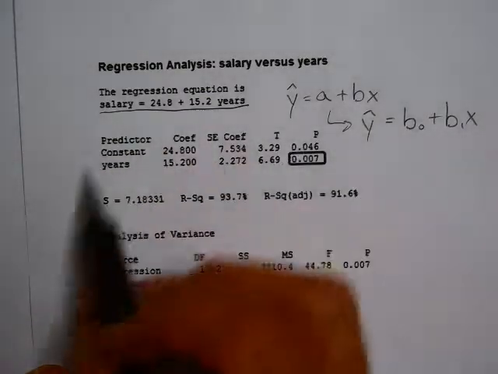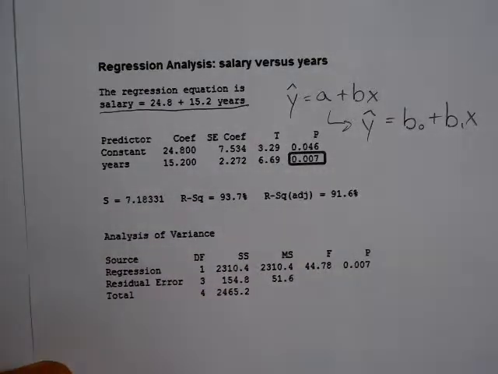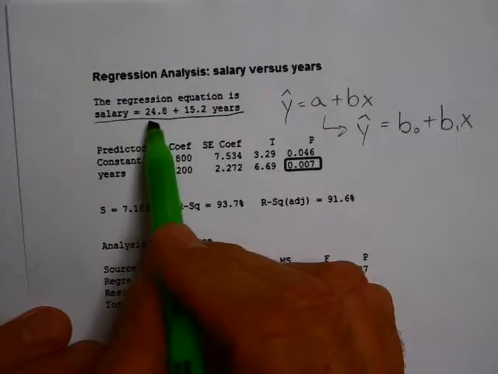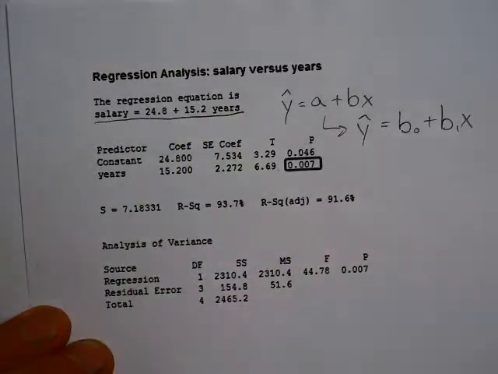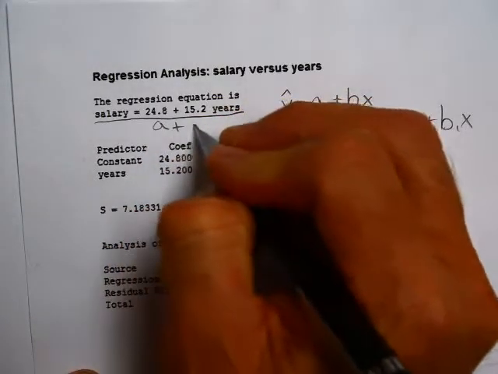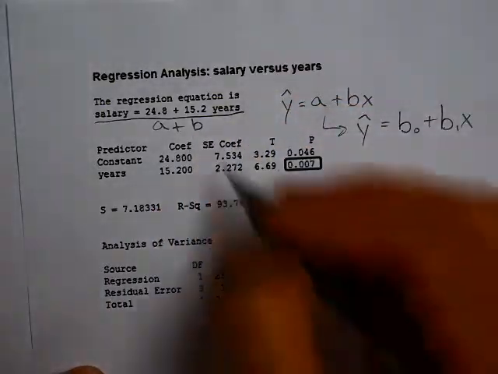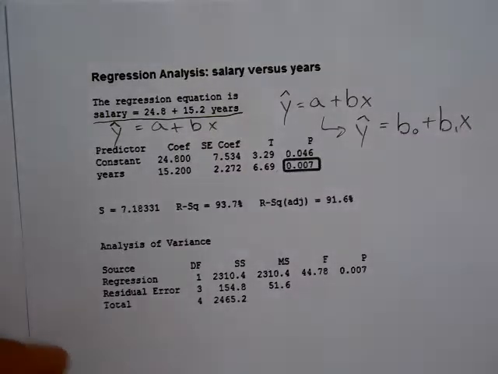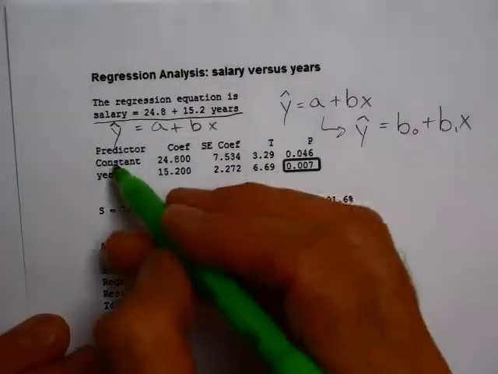Alright, so what is all this junk? Well, to be perfectly honest with you, you don't need to know what it all is, but you do need to know a few things. So where did they get the 24.8 and the 15.2? Because that is our y-intercept and our slope. Well, they pull that out of this value here.